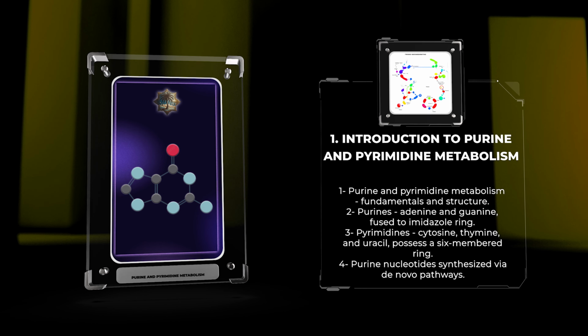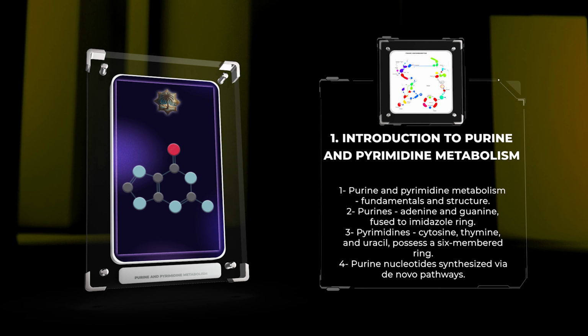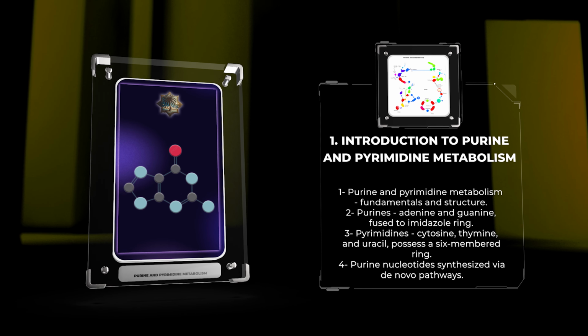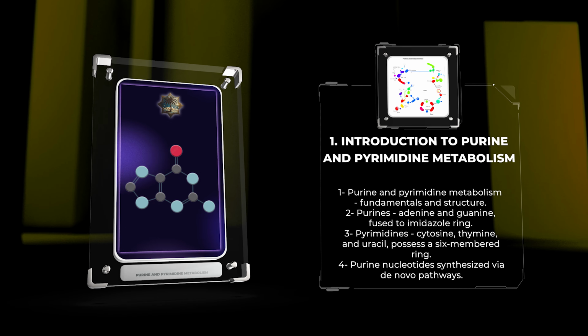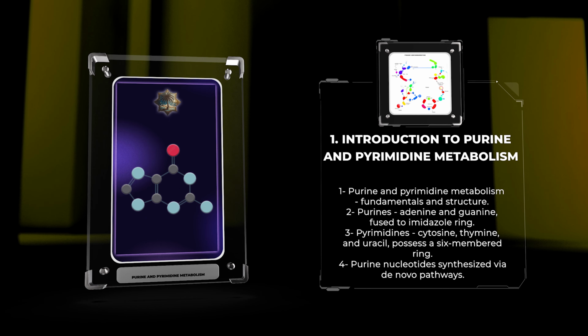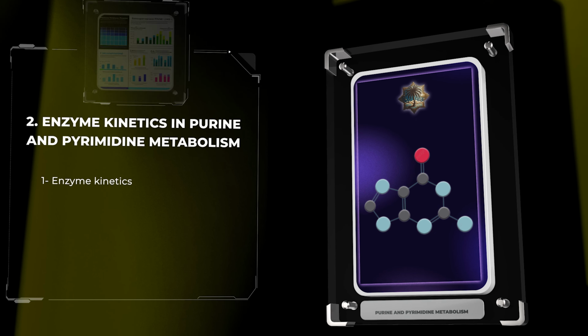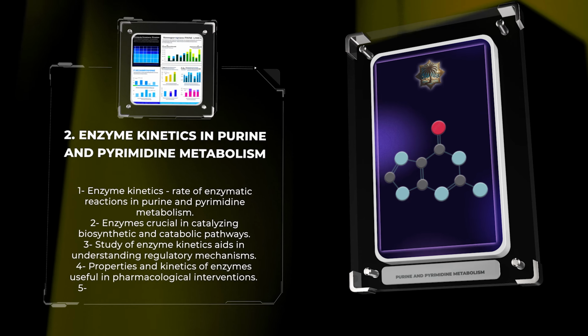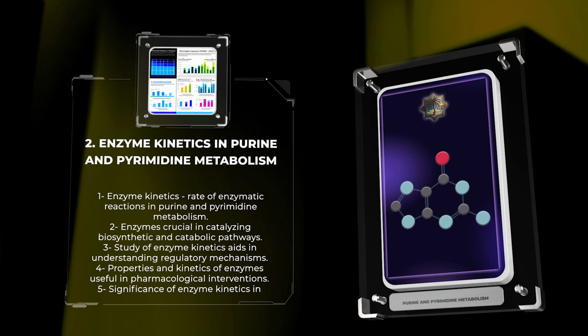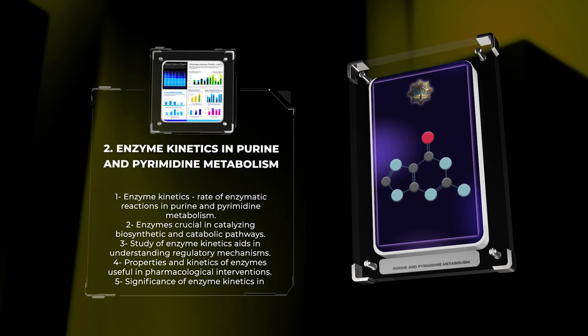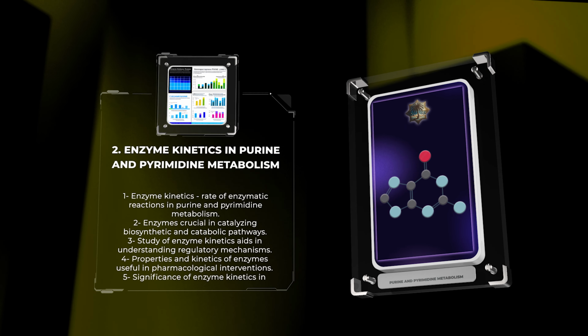Understanding the intricacies of nucleotide structure, function, and metabolism is vital for comprehending genetic diseases associated with impaired purine and pyrimidine metabolism. Therefore, let us progress to our next topic for a closer look at enzyme kinetics involved in these pathways. Enzyme kinetics is a branch of biochemistry that examines the rate at which enzymatic reactions occur. In purine and pyrimidine metabolism, several enzymes play crucial roles in catalyzing different steps within the biosynthetic and catabolic pathways.